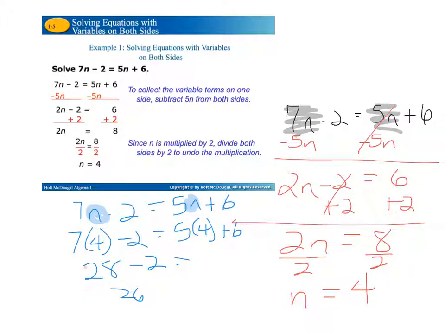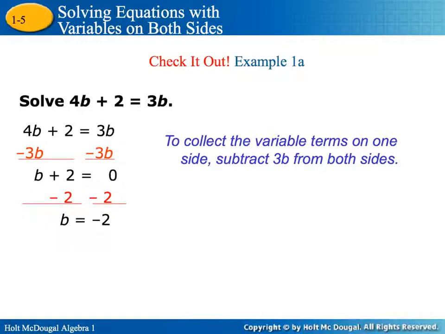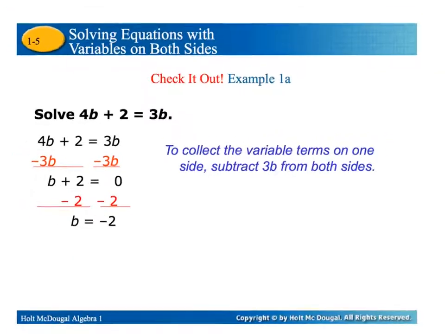And then 5 times 4 is 20 plus 6 is 26. So because I got the same answer when I replaced it, it did work. My answer of n equals 4 was correct. Everyone good so far? Any questions? Let's try another example.